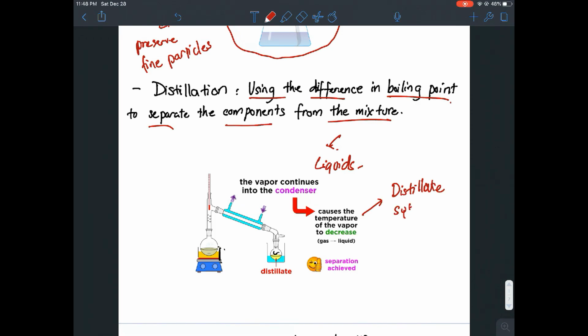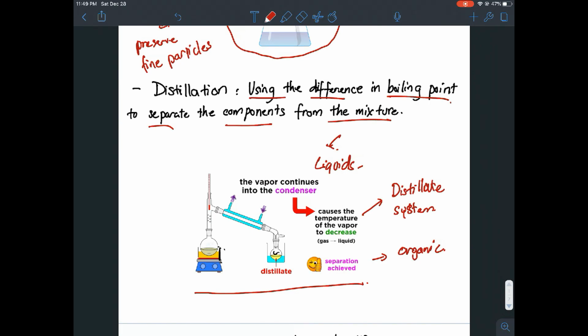This system is widely used in organic chemistry. You're going to determine the identity of the organic substances that you target. Therefore, this is a pretty typical model of the distillation.